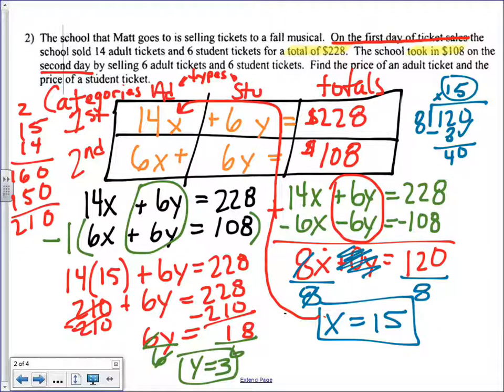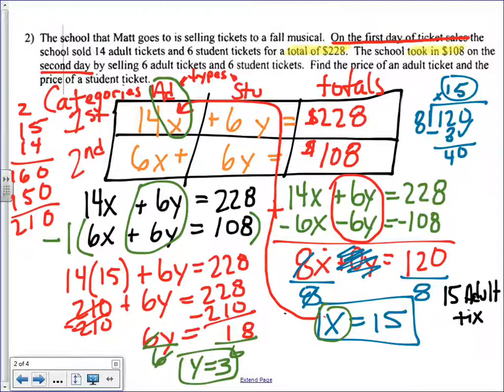Okay, so now I have both my answers. But again, in real life, I can't just say, oh, x equals 15. You have to be able to say what those variables mean. So x equals 15. As we just talked about, x is the adults, so that means they sold 15 adult tickets.